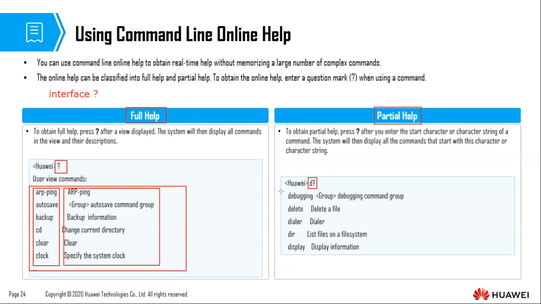It's going to bring us all the commands and their description that start with a D on user view. So really, that is the main difference between full help and partial help. Please remember that whenever you're using partial help, we do not have a space between the word and the question mark.